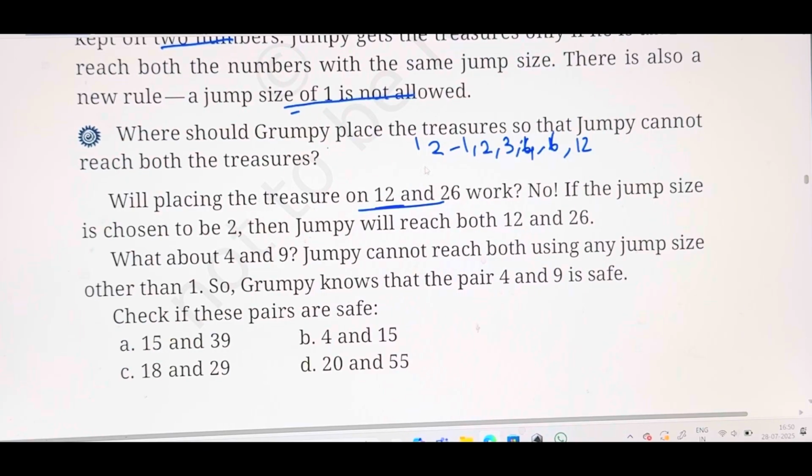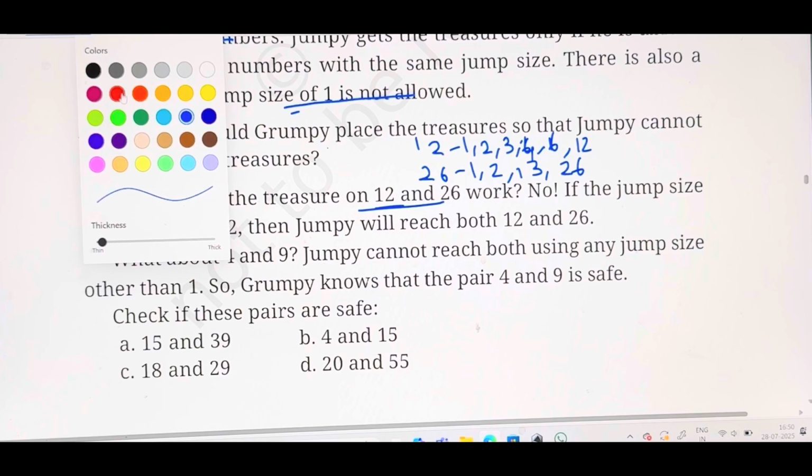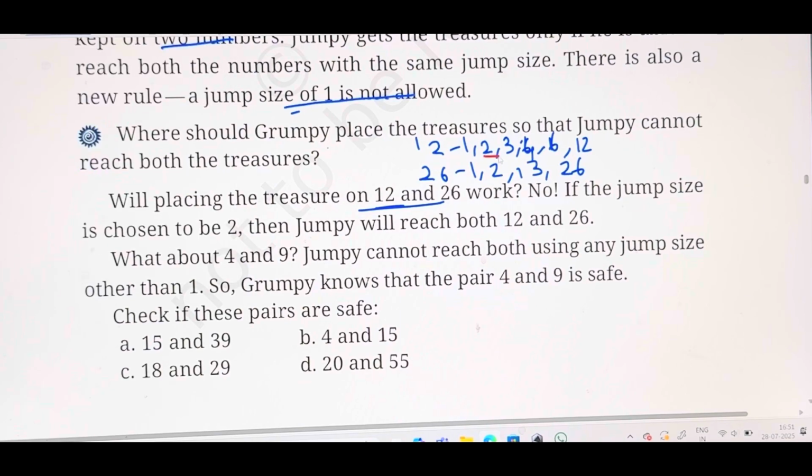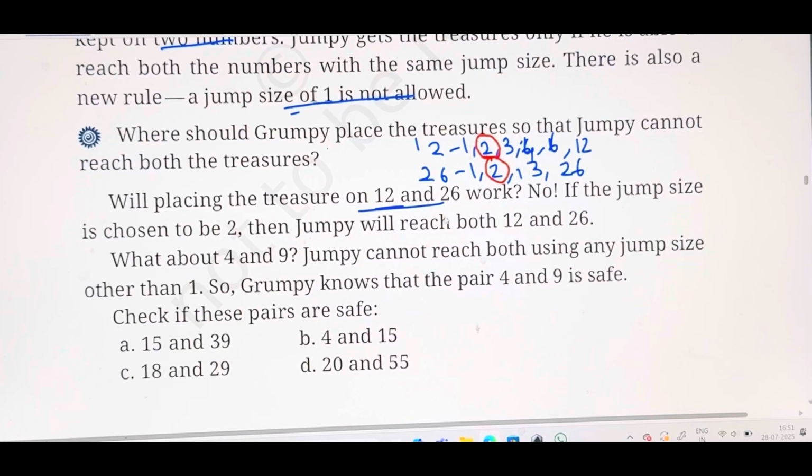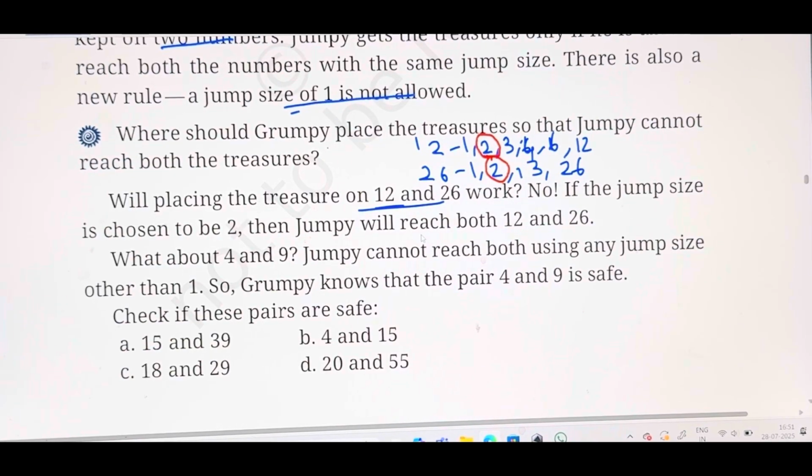For 16, 1, 2, 4, 8, 16. So here we have a common jump size, that is 2. If you see, 2 is common in both. So Jumpy can easily select 2 and then reach the treasure. So 12 and 16 will not work.